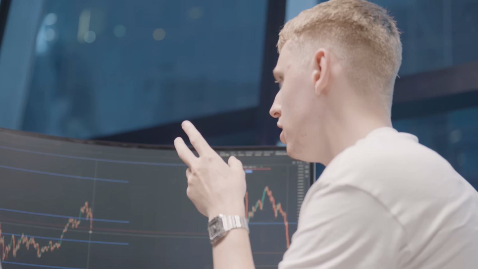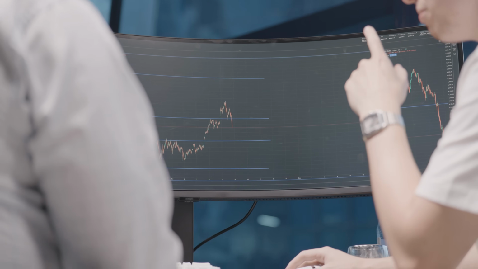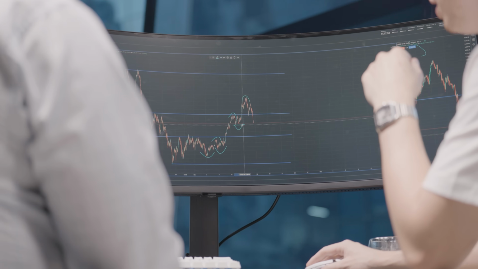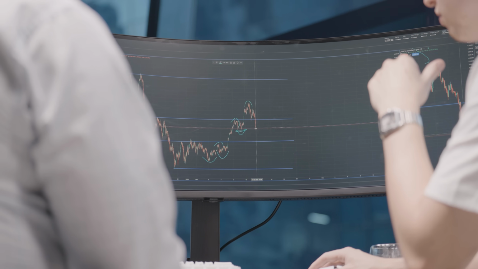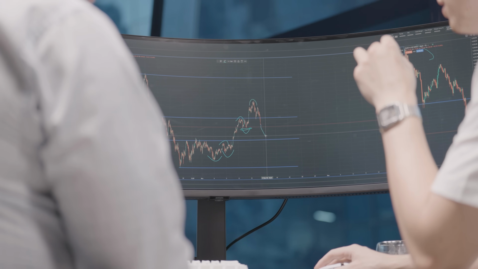Now, on this time frame, we are forming the same thing: low, high, low, high, low, high. However, if this low breaks, then what do we expect? So we formed a lower low.